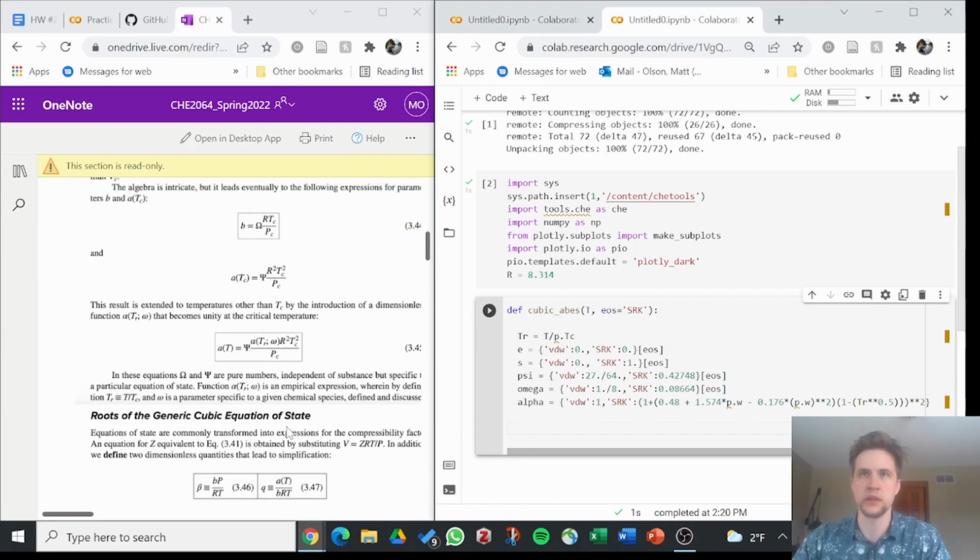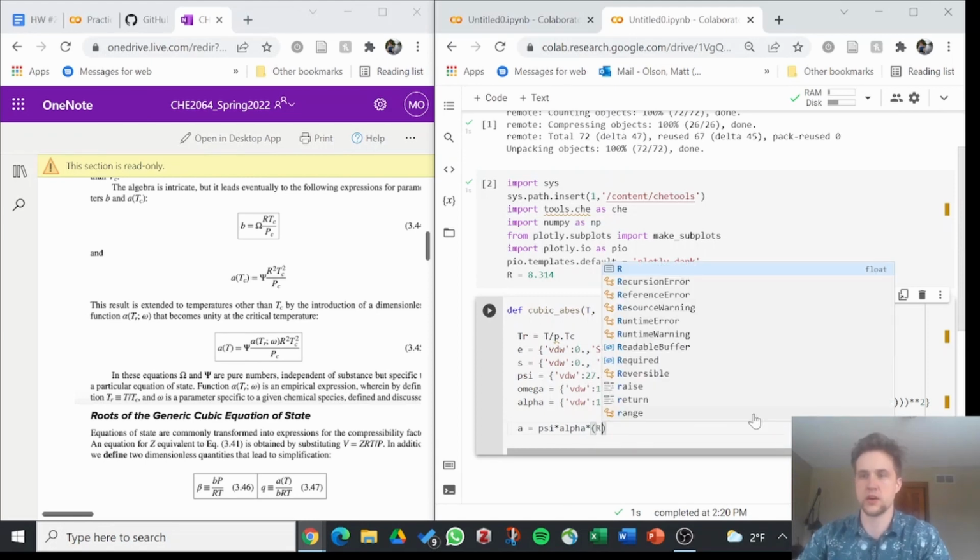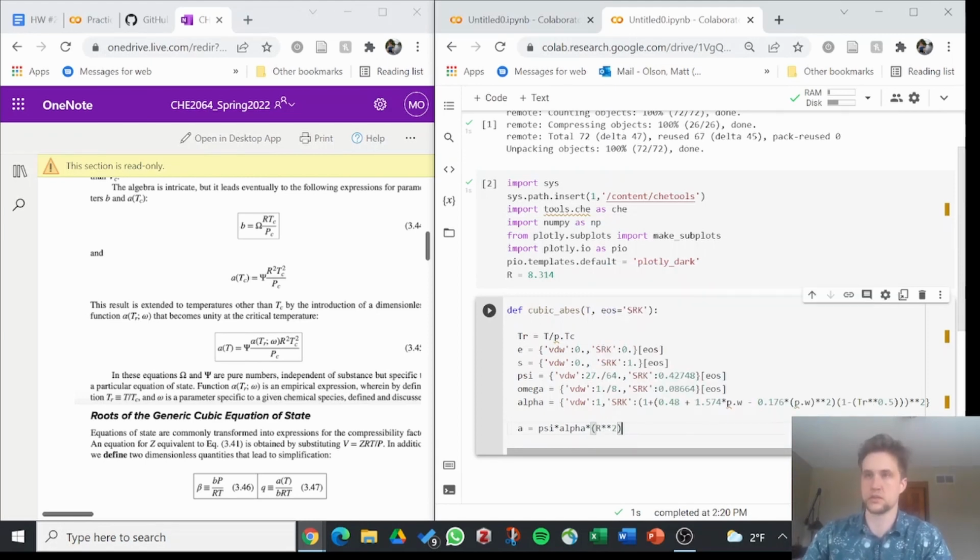So now we are ready to define A with respect to temperature. We brought in our psi, so let's multiply psi times alpha, times R, which we've already defined earlier as a constant, times the critical temperature squared, and then this whole thing divided by the critical pressure.